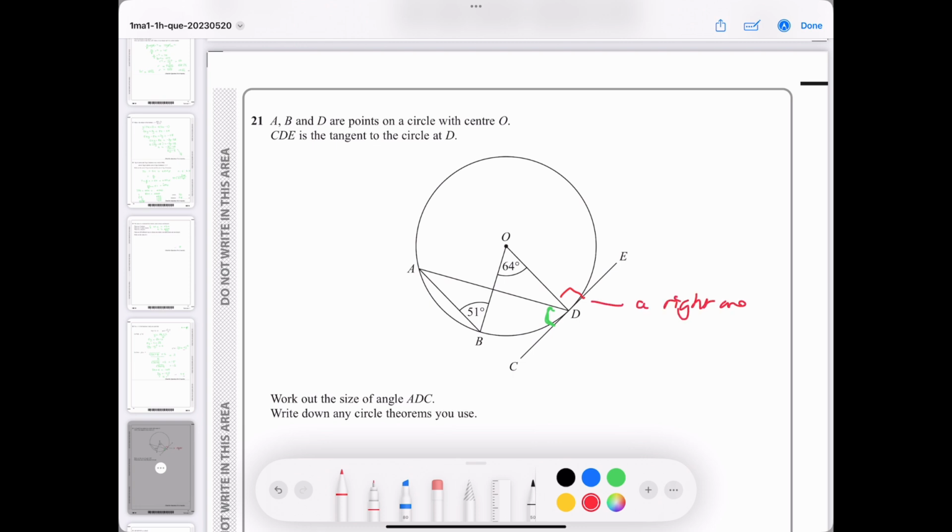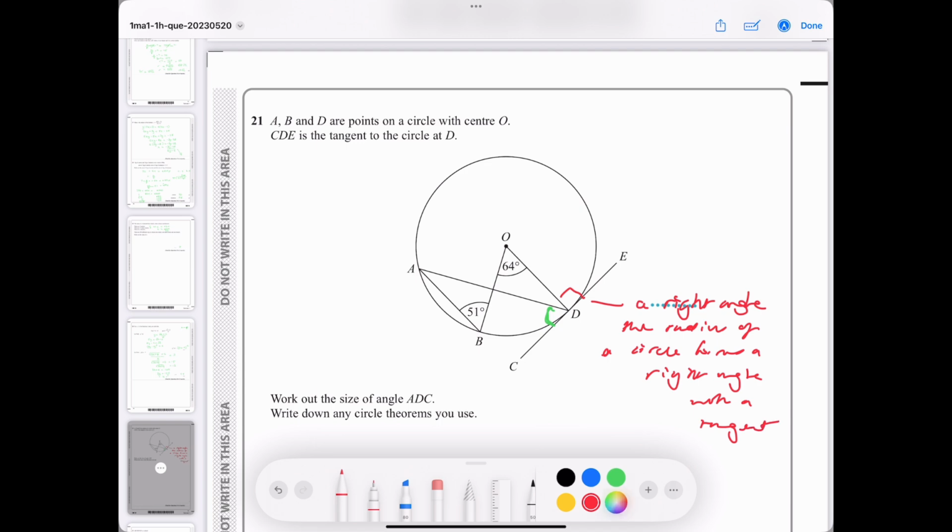because the radius of a circle forms a right angle with a tangent. So that's one thing we know.